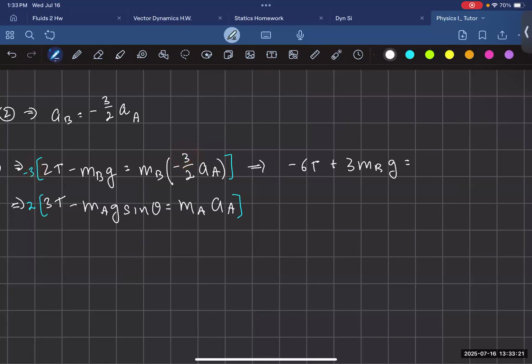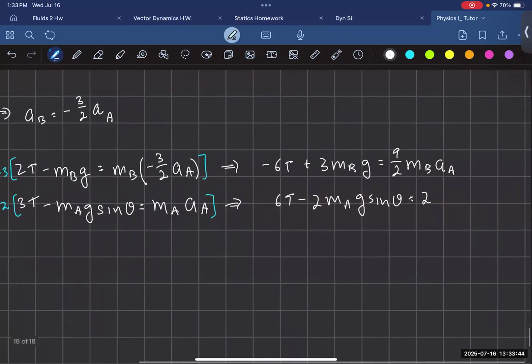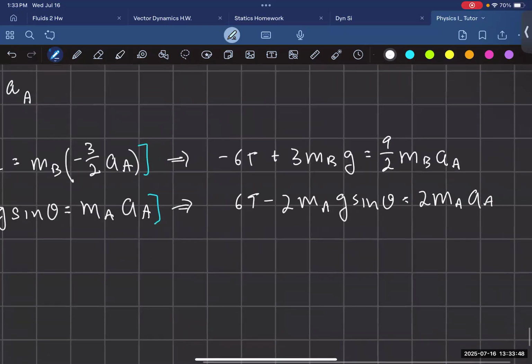It's gonna be 9 halves mass of B times acceleration of A. On the bottom side, we're gonna get 6T minus 2 mass of A times g sine theta is equal to 2 times mass of A times acceleration of A. Right.